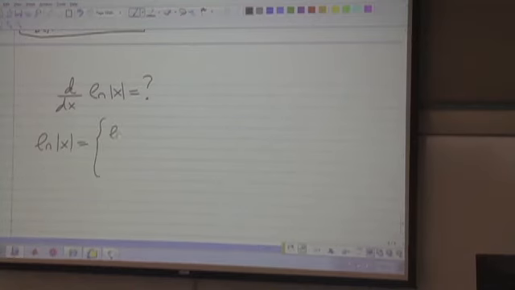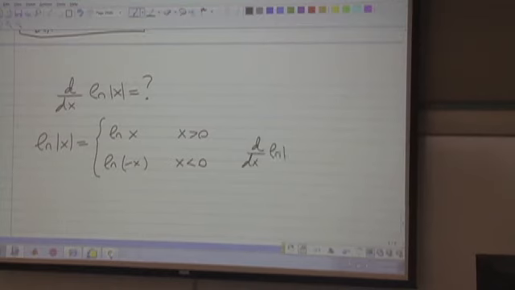It is ln of x when x is bigger than 0, and it's ln of minus x when x is less than 0. Notice one thing that's missing there: x equals 0, since ln of 0 doesn't make any sense.